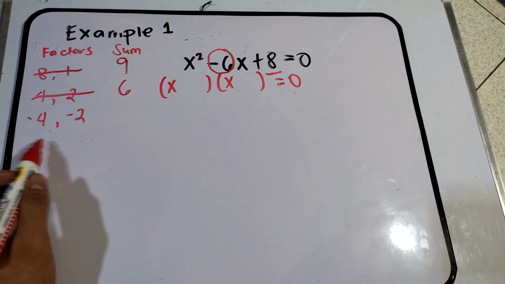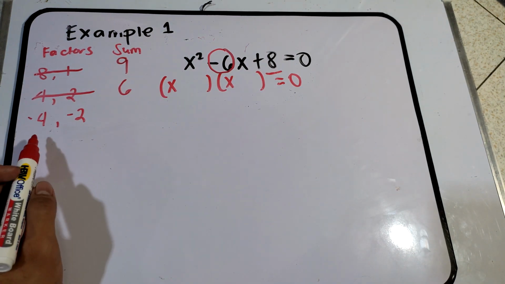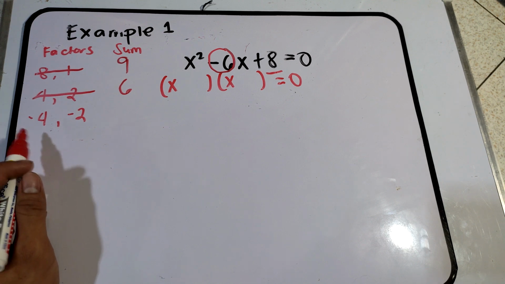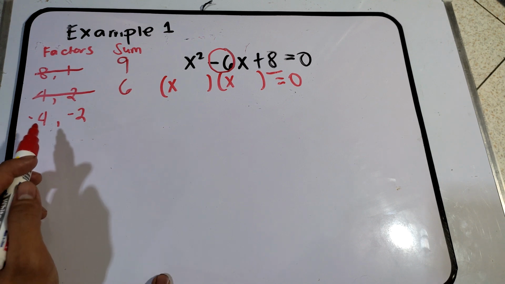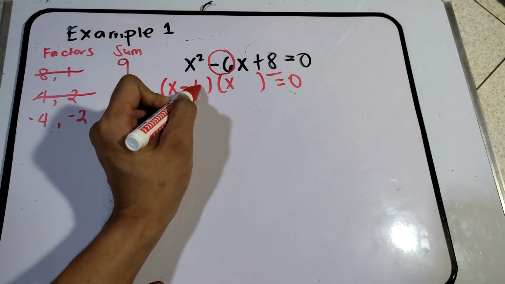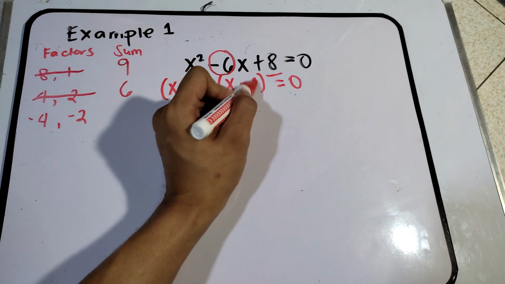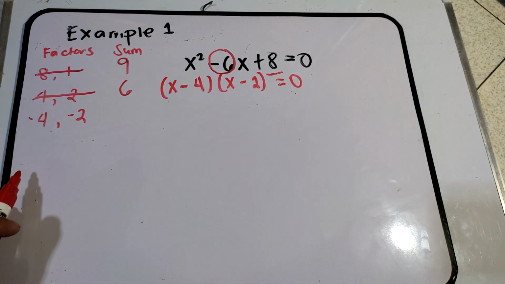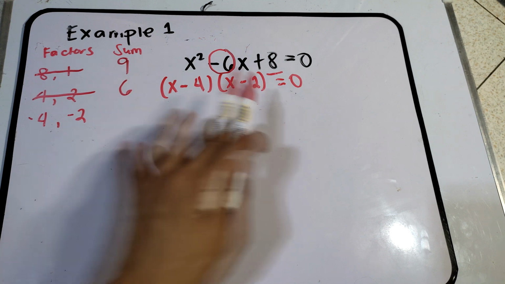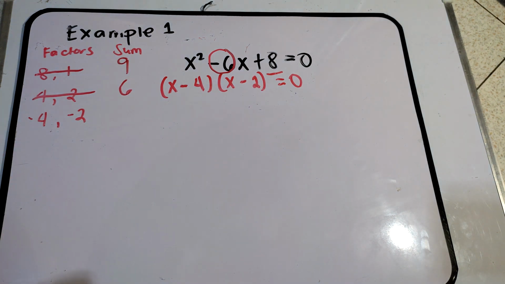So, meaning to say, ito na yung gagamitin natin as second term of the binomial ng factor ng ating trinomial ng quadratic equation. So, negative 4 and negative 2. Sir, pwede po bang magkabaliktad negative 2 and negative 4? Yes po. Kahit pong anong sa dalawa yung mauna.